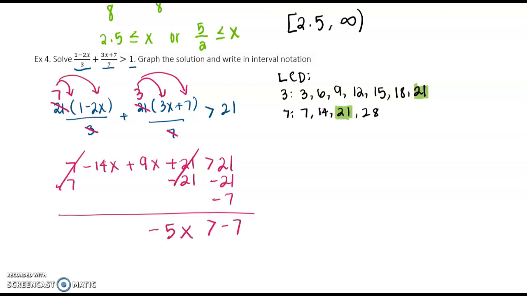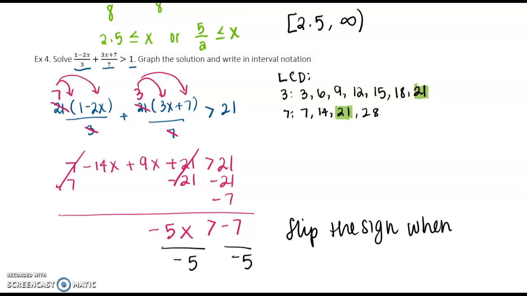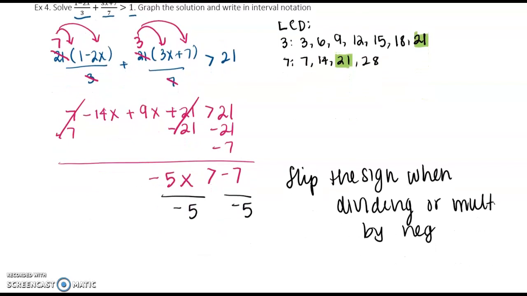All right, so we have to divide by negative 5. Now, remember, when you divide by a negative, you have to flip the sign. So we're going to go ahead and get x is less than 7 over 5.